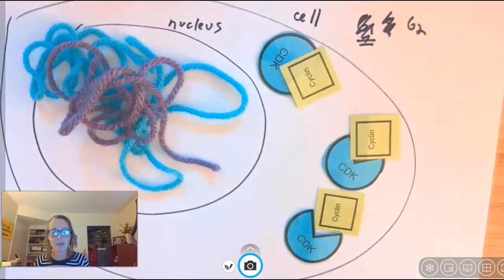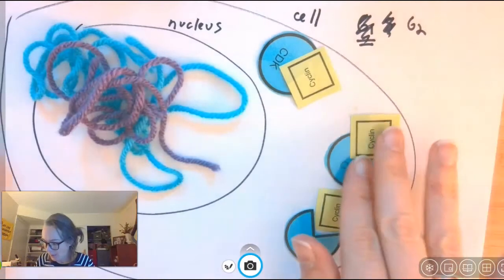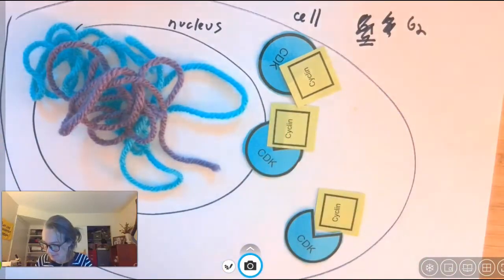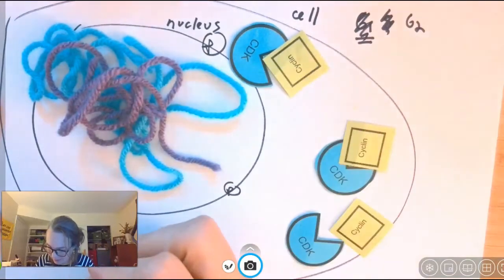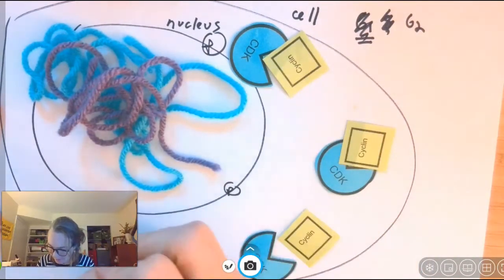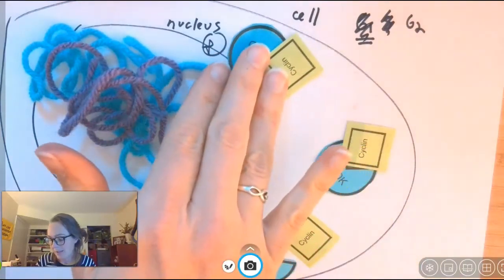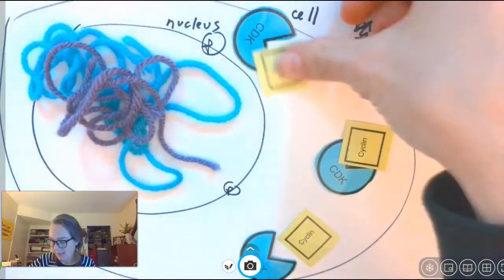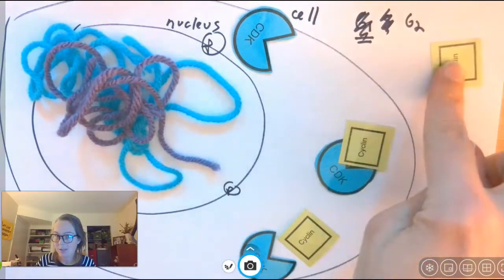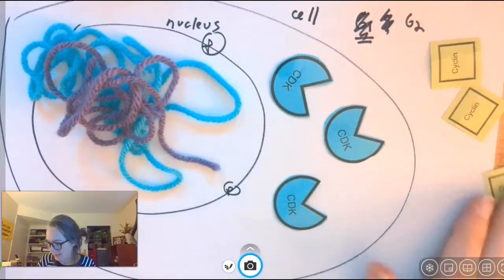So now we have a G2 cyclin plus a CDK combined. That is a complex of cyclin and CDK, and that is going to phosphorylate the nucleus. These phosphate groups that are added to the nucleus are added from the CDK cyclin complexes. As this complex phosphorylates the nucleus, the CDK and cyclin split, this G2 cyclin is broken down, but of course the CDK remains constant.